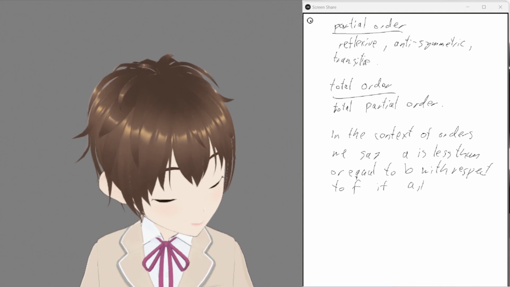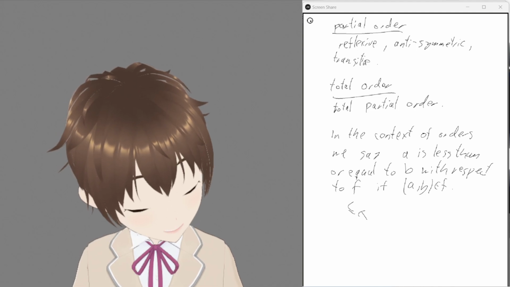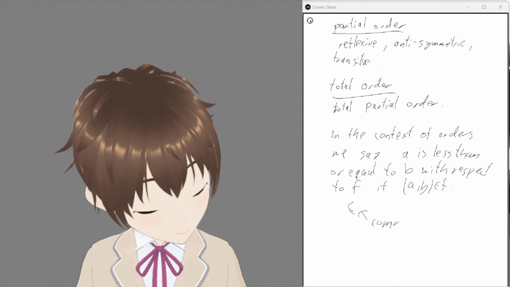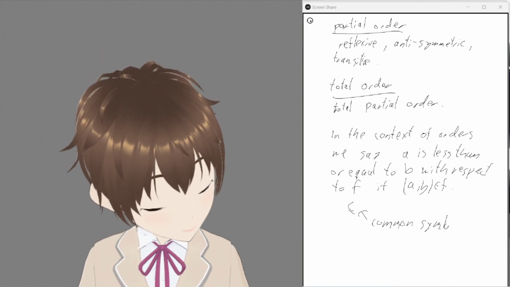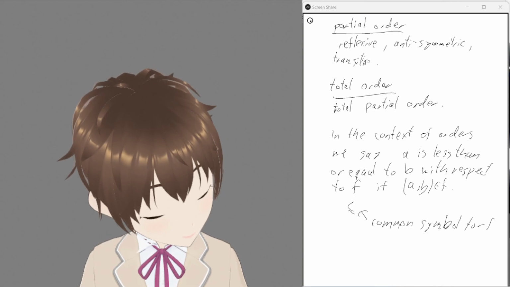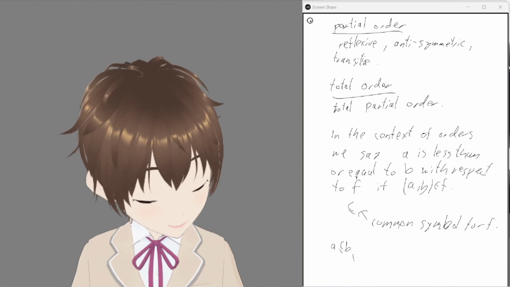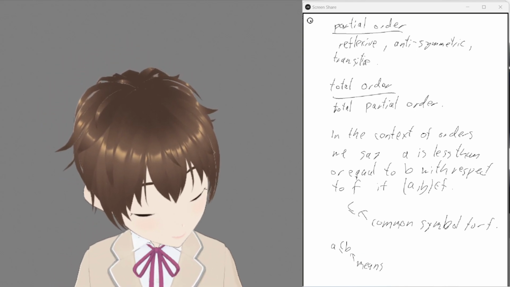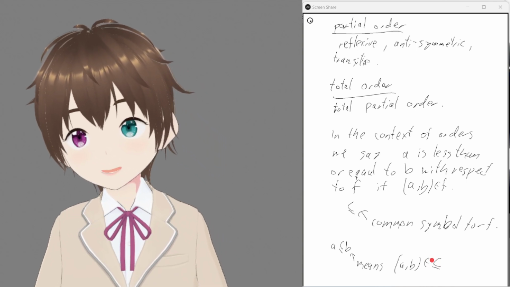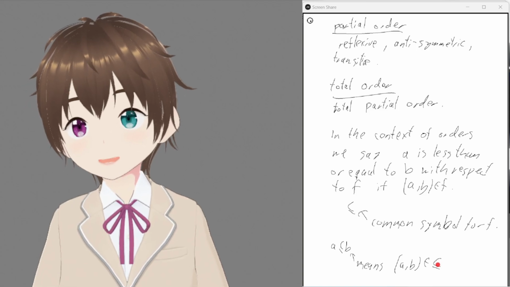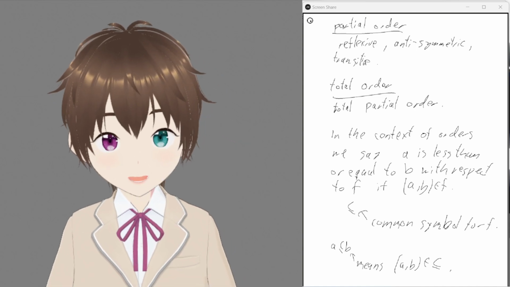If (A, B) is in F, this is a common symbol for F. F is more like a function. So this notation you've probably seen before. So this means (A, B) is in this, and the context is usually this is an order of some type, perhaps a preorder, a partial order, or a total order. We say this is less than this.